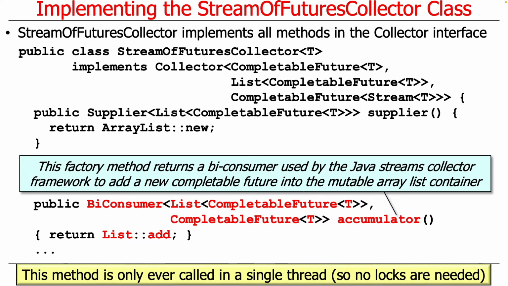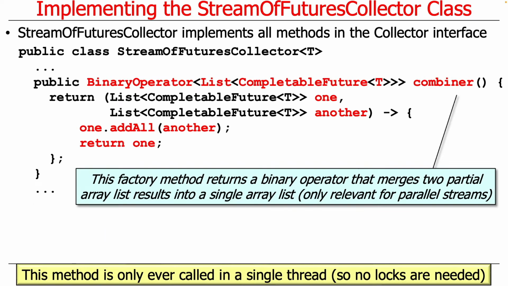And we're going to use that in order to store it in the list that's the mutable result container. So we just say list::add, which is a method reference that conforms to the signature expected by the consumer. And this method, the accumulator method, and the add method for that matter, is only ever called in a single thread. So we don't need to lock anything. We don't need to put any kind of locks in the code.